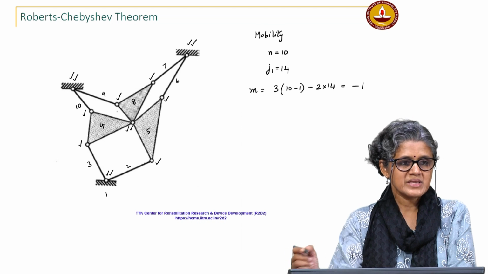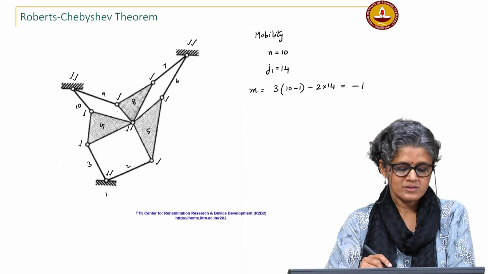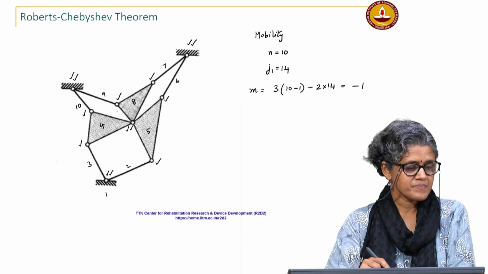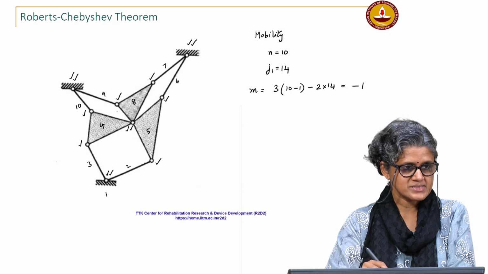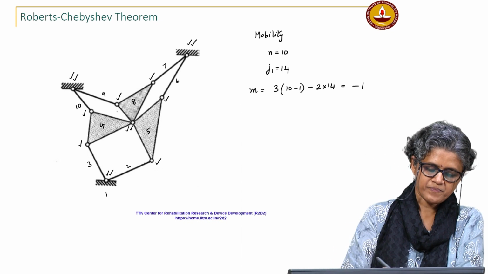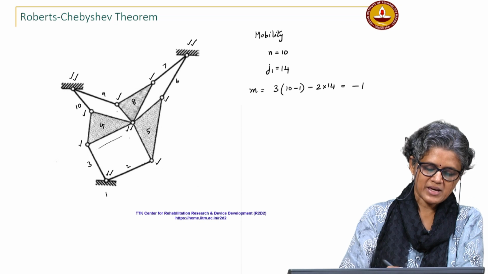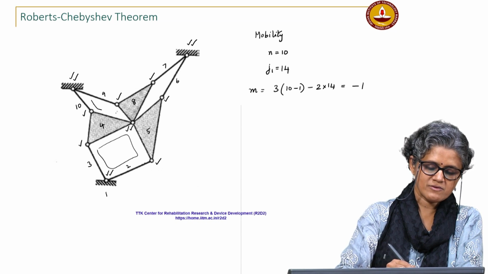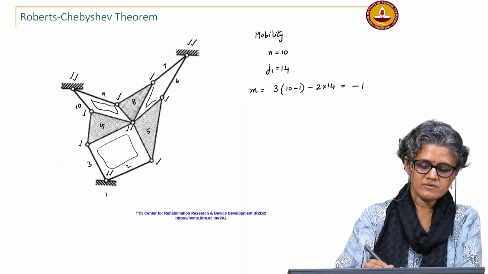But there is something special about this linkage with certain link lengths. If you look at these three, this is a parallelogram, this is a parallelogram, this is a parallelogram.